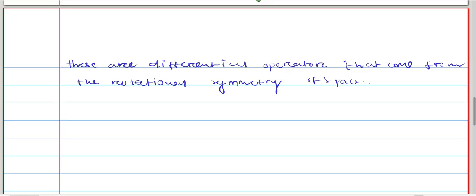Hermitian operators have real eigenvalues.